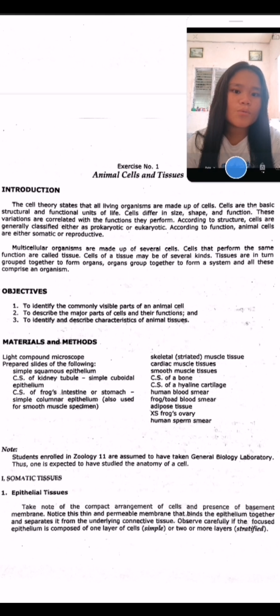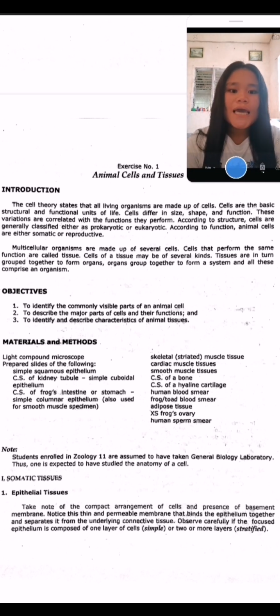So here are the objectives about the animal cells and tissues. Number one is to identify commonly visible parts of an animal cell. Number two, describe the major parts of cells and their functions.